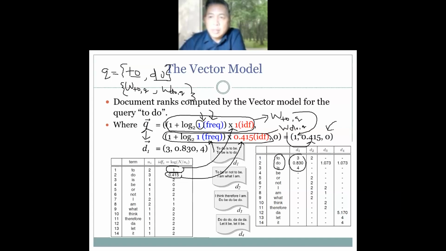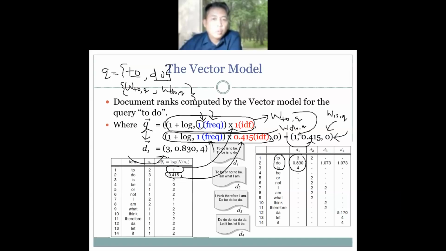So basically this one is the weightage of the keyword in the query. But our query is only to do. Okay, so that's why this is 0. So this is the weightage of to do in the query.